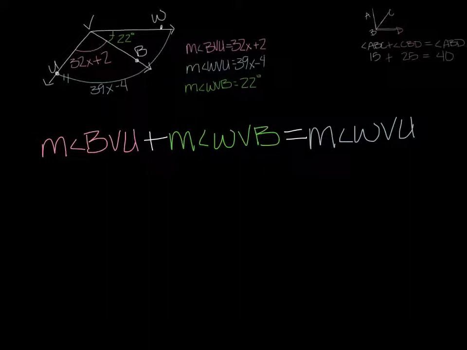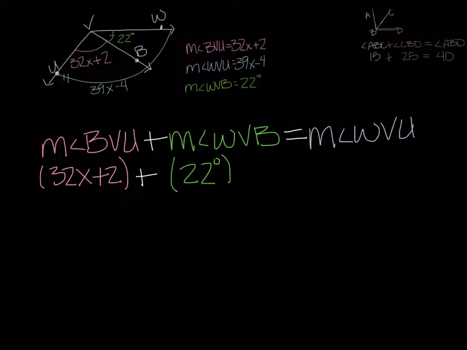So we can simply replace the statement measure of angle whatever by what it's worth. So the measure of angle BVU is 32x plus 2. We will add that to the measure of angle WVB, which is 22 degrees, and set that equal to the measure of angle WVU, which is 39x minus 4.